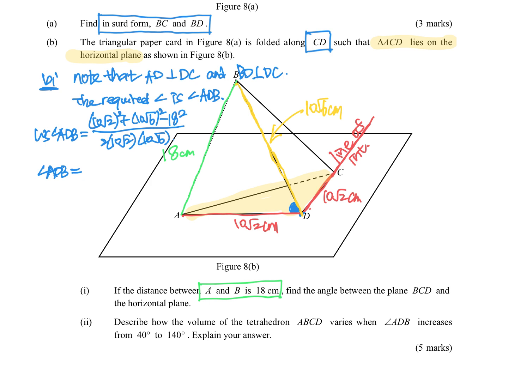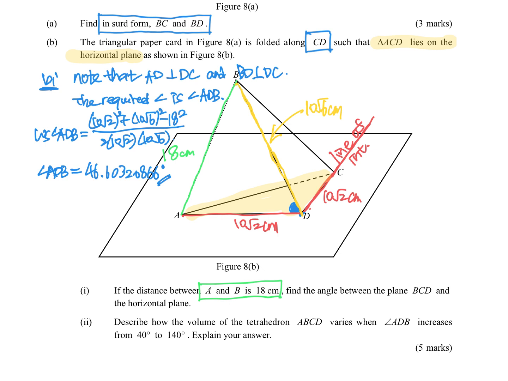And then we make use of the calculator: 200 plus 600 minus 18 squared, divided by 2 times 10 square root 2, times 10 square root 6. That will be 46.6 degrees, right? 46.6 degrees, and that will be for part B1.